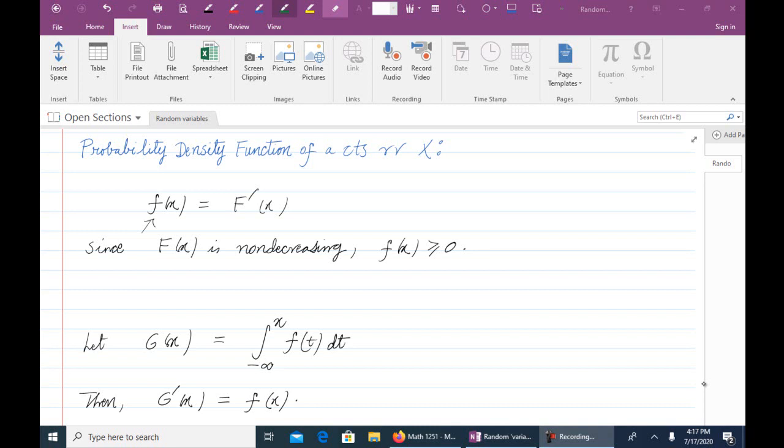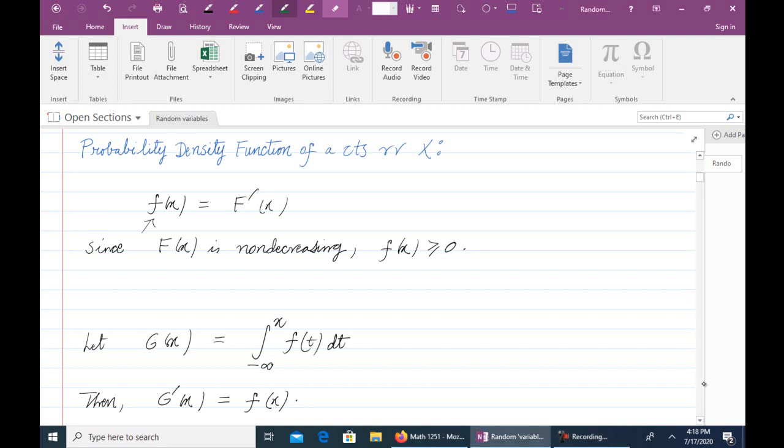And since the CDF function is a non-decreasing function, from calculus we know that its derivative, small f of x, would have to be non-negative. So the PDF small f of x is non-negative, and it is the derivative of the CDF function.